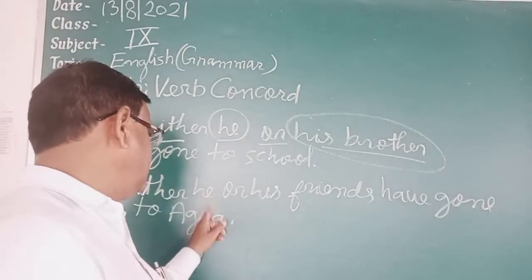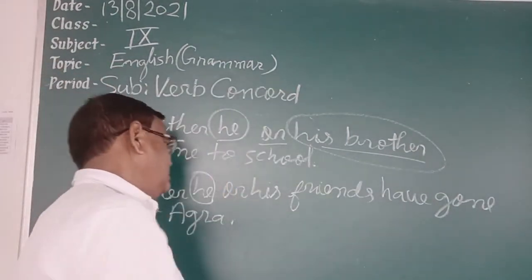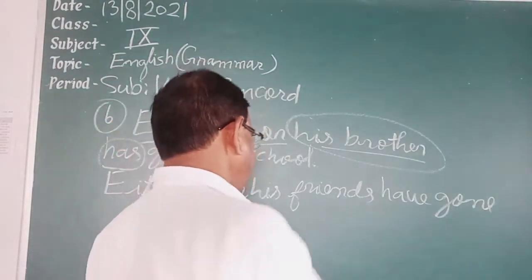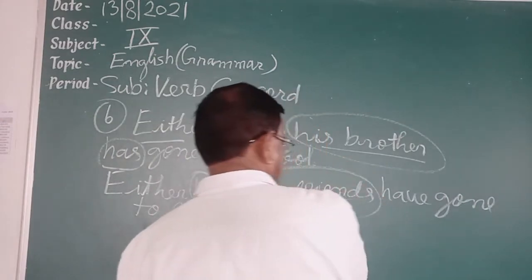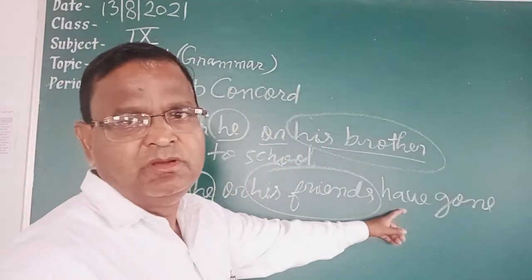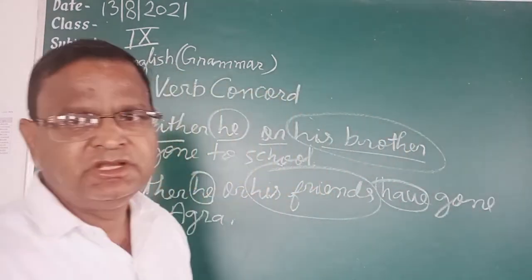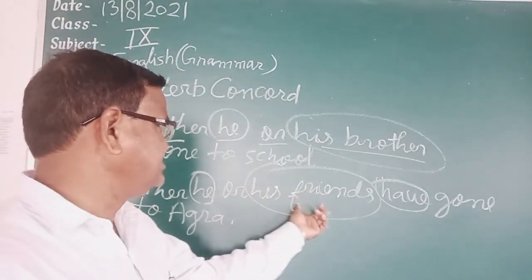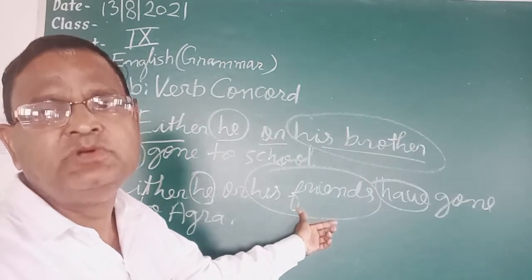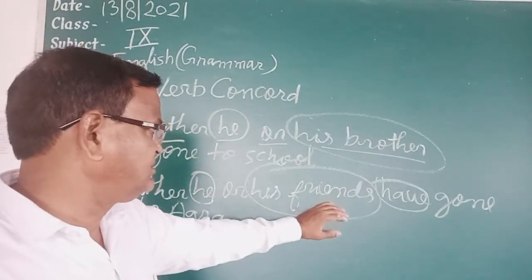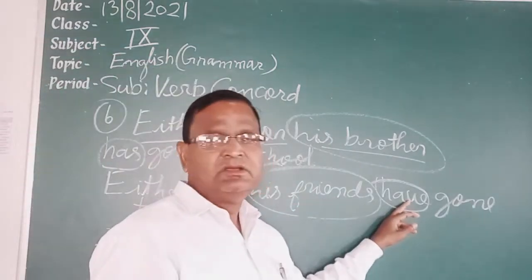Either he is a singular subject, or his friends is a plural subject. Since his friends is plural, the plural verb have has been used, not has. Reason: in these two subjects one subject is plural, and after this plural subject a plural verb is used.